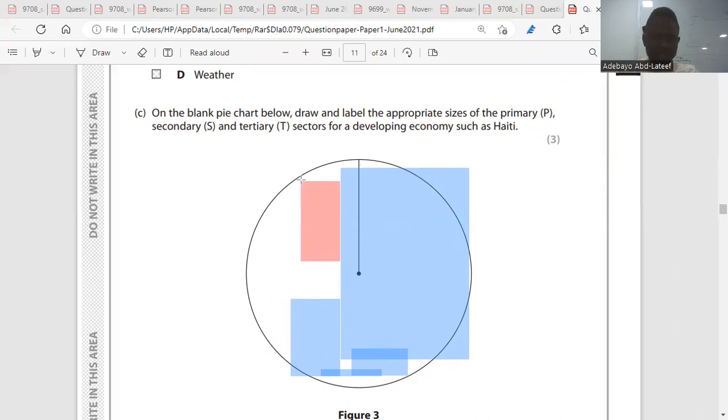Then this sector will make up the secondary production. This sector, let's use other.